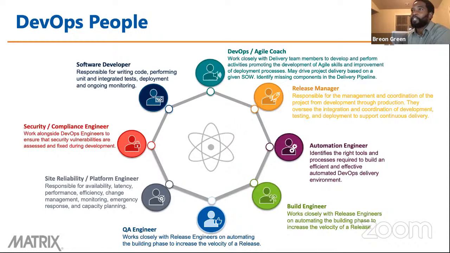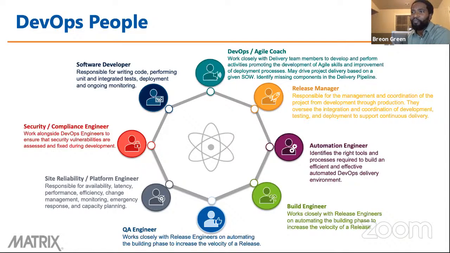Now, here are some of the people and roles involved in creating a DevOps framework or DevOps pipeline. I won't go into detail about each one, but take this slide and focus on some of the descriptions here around automation engineer. It could be a DevOps or Agile coach in some organizations.